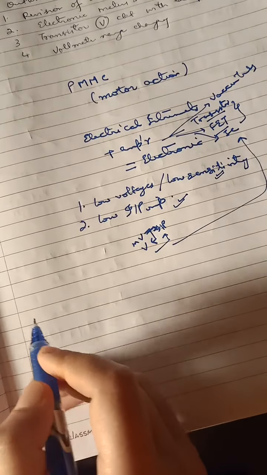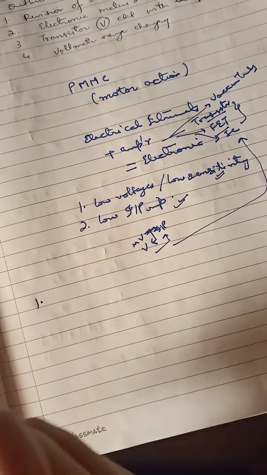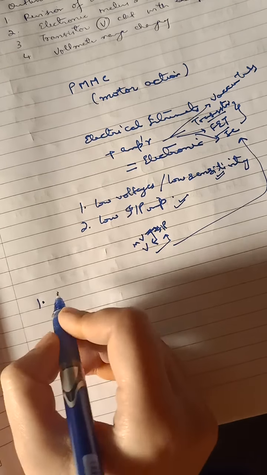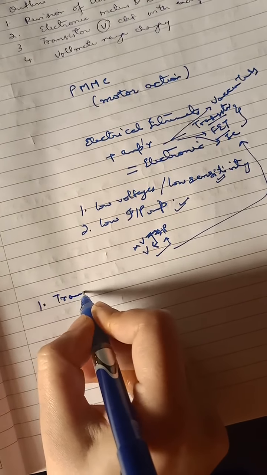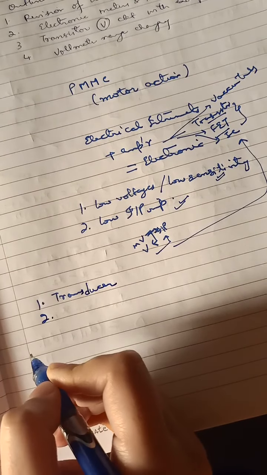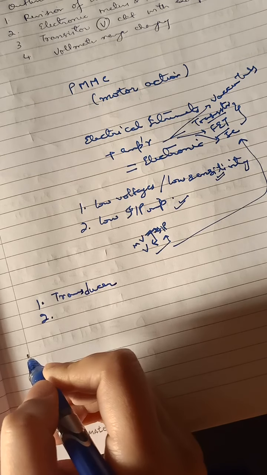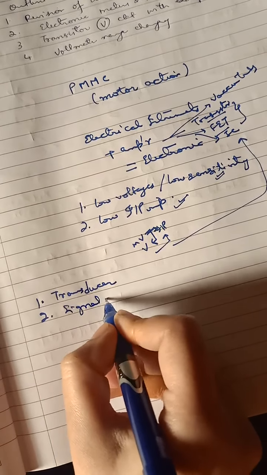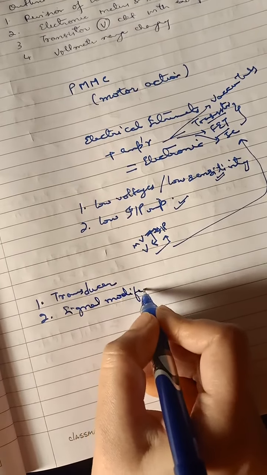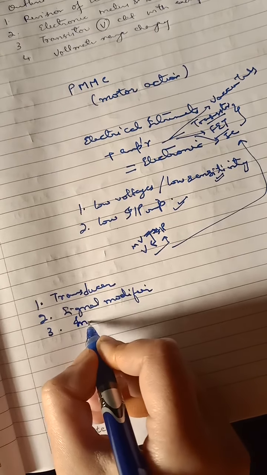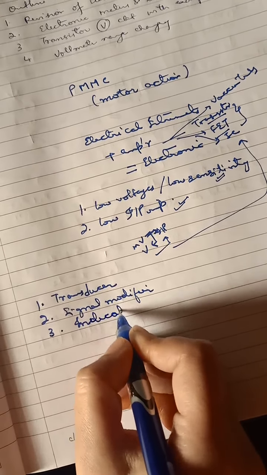So there are three basic things in an electronic instrument. I am not just talking now about the voltmeter, I am talking in general. So three things are there. First thing is the transducer. Second important component of an electronic measuring instrument is the signal modifier. And the third important part is the indicating instrument.